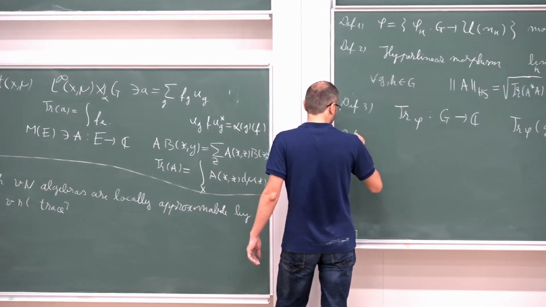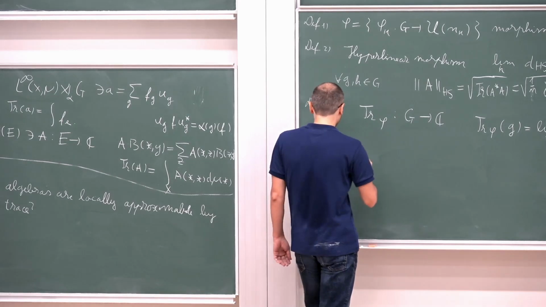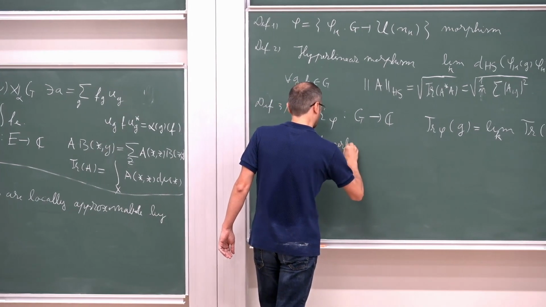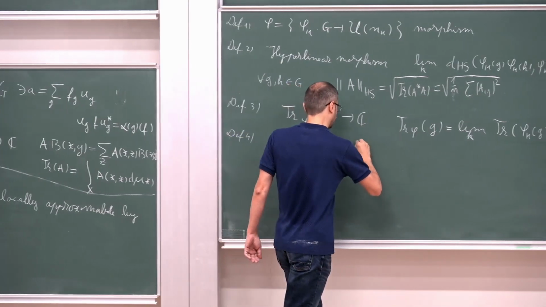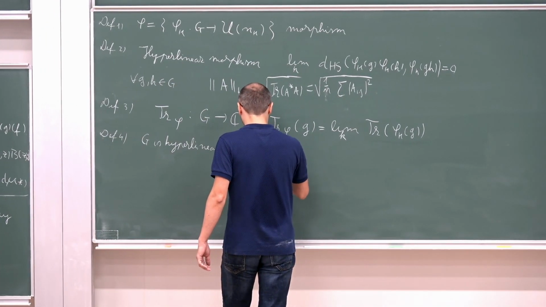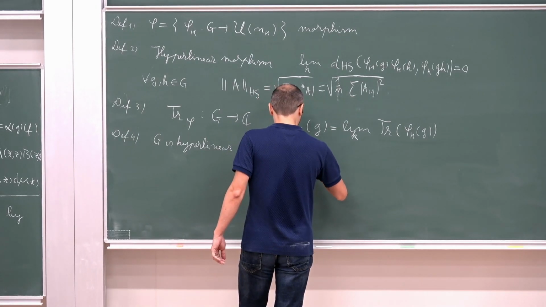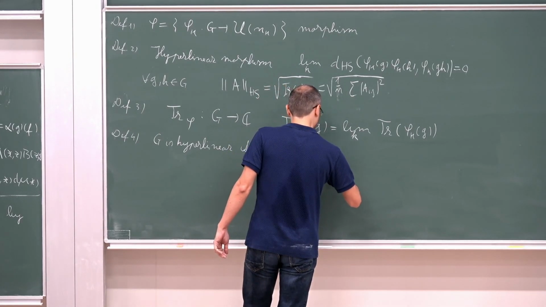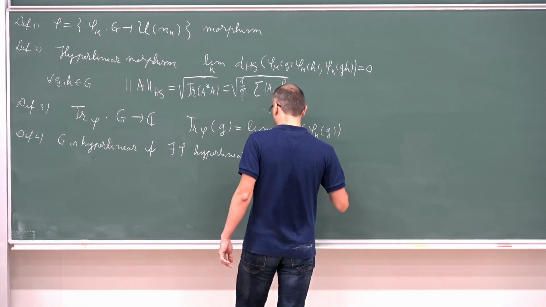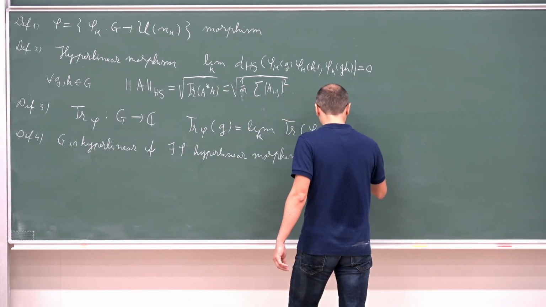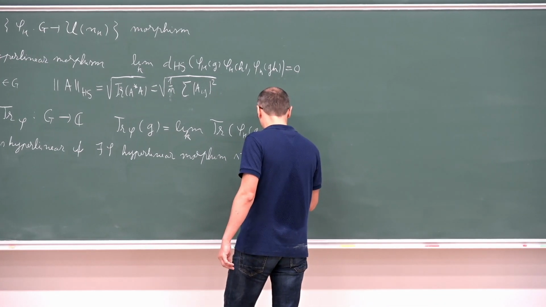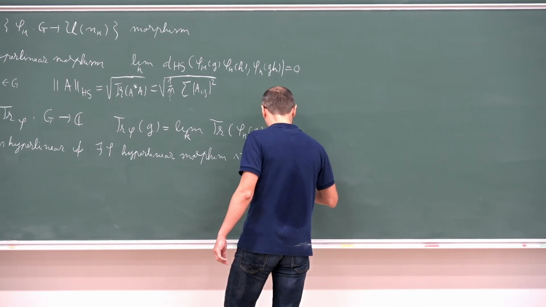And the definition that I wanted to write: a group is hyperlinear if it has a hyperlinear morphism that is trace preserving, such that the trace of phi of each non-trivial element is 0.